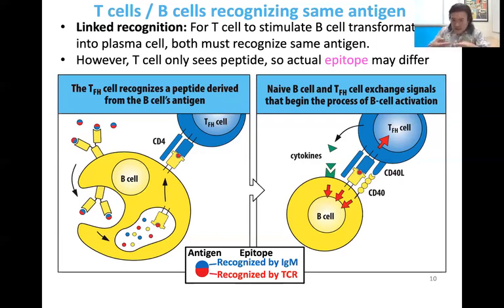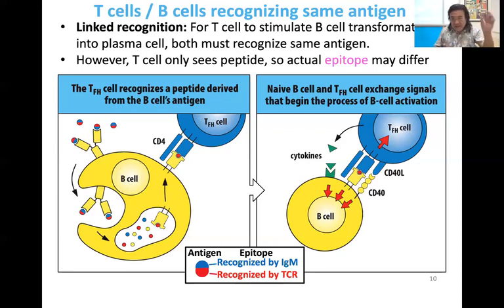And I think it's important to discuss that because otherwise, I think it's inevitable that you get confused about how an immunoglobulin on a B cell can bind to a sugar, but a T cell can only bind small peptide. So how could it possibly be that these two would actually end up talking to each other?